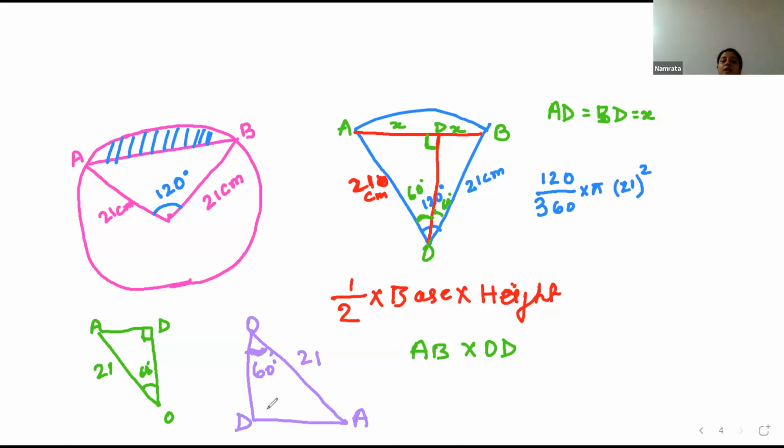Can you see triangle OAD? Yes, ma'am. Any trigonometric ratio which will help us to find, let's say, OD at first? OD. OD is what?